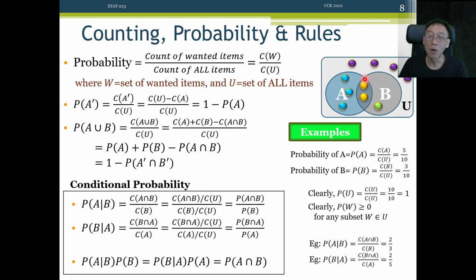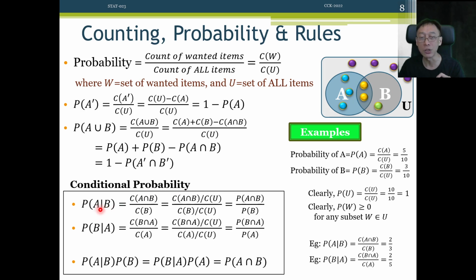Literally looking at this subset B as a temporary universal set, and count those items of A that also belong to B. Because if you count all of A itself, the ratio will be more than 1, and then we have a problem. So probability cannot be more than 1. So count of those A items that are also in B divided by count of B itself.